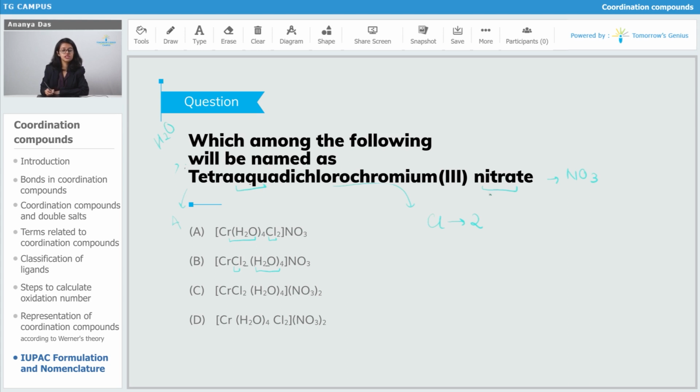So we will have to see which one will come first in alphabetical arrangement. H2O has H and Cl2 has Cl. Cl comes before H, so Cl will be written first and therefore your option B is correct.